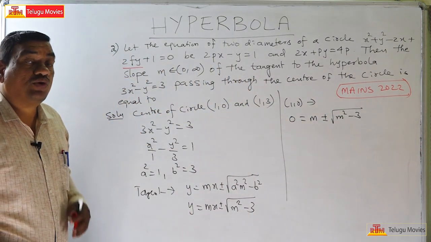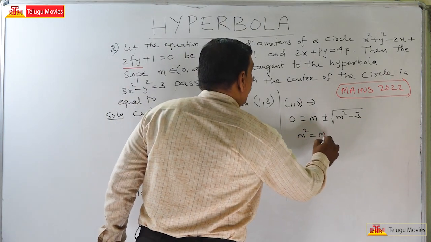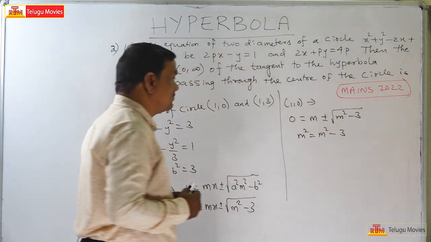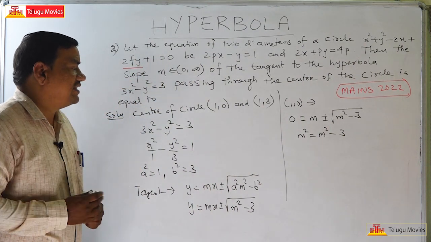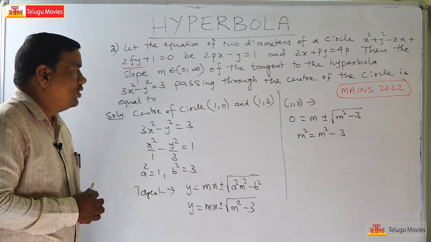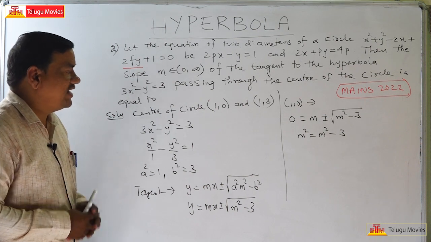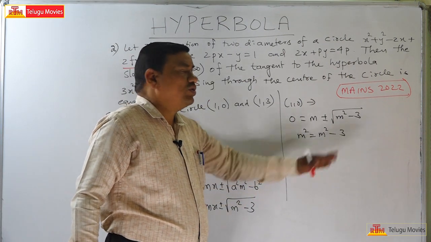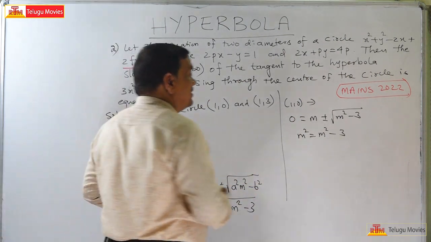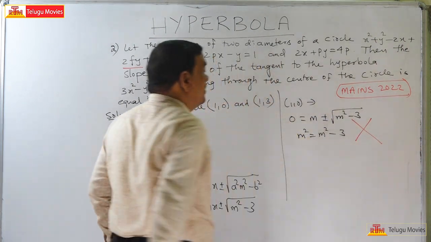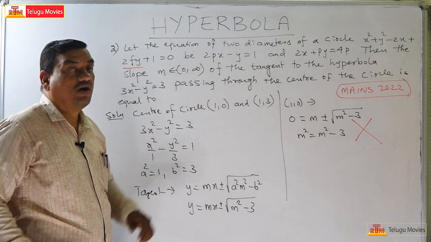Bring this m to the right hand side and squaring on both sides, m square is equal to m square minus 3. If you observe here, you cannot get any solution, it is not at all possible. Therefore, the tangent does not pass through this center 1 comma 0.